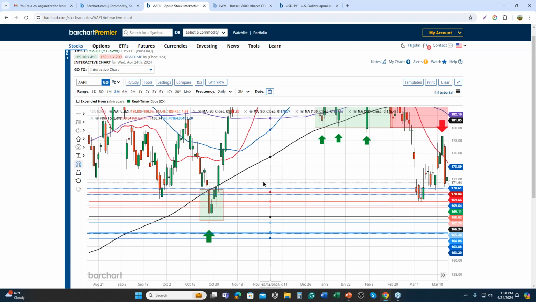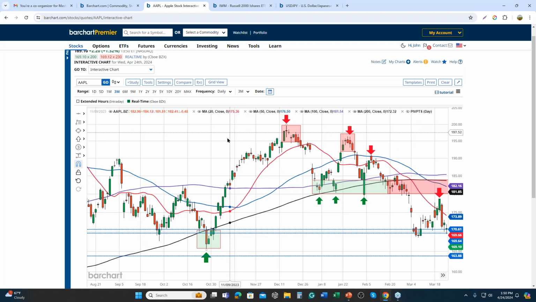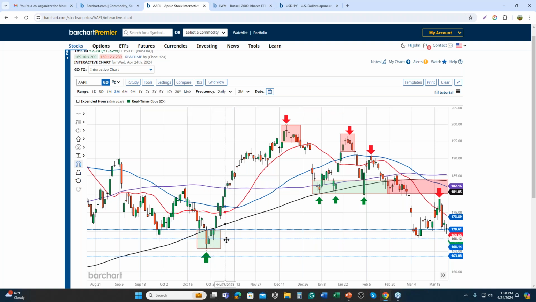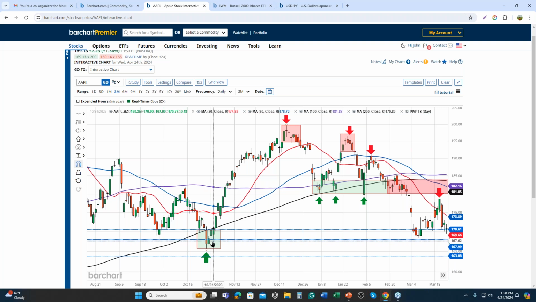So let me turn a lot of these things off, since it's getting a little confusing here. Pretend that this is that battle line where buyers stepped in and said, no more, we're not going to go any lower than that.